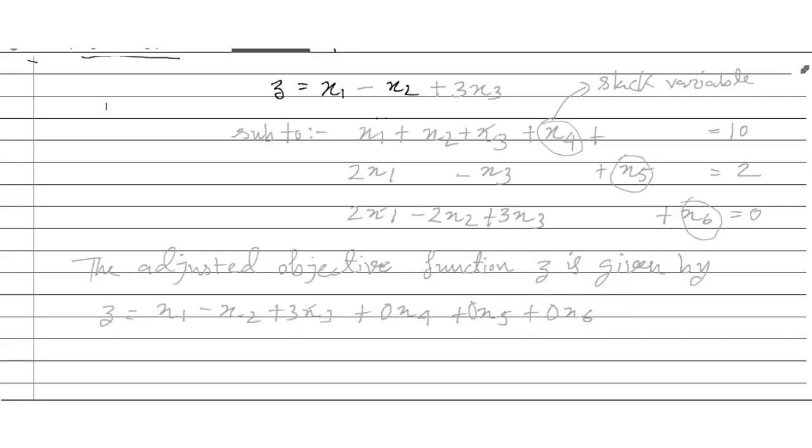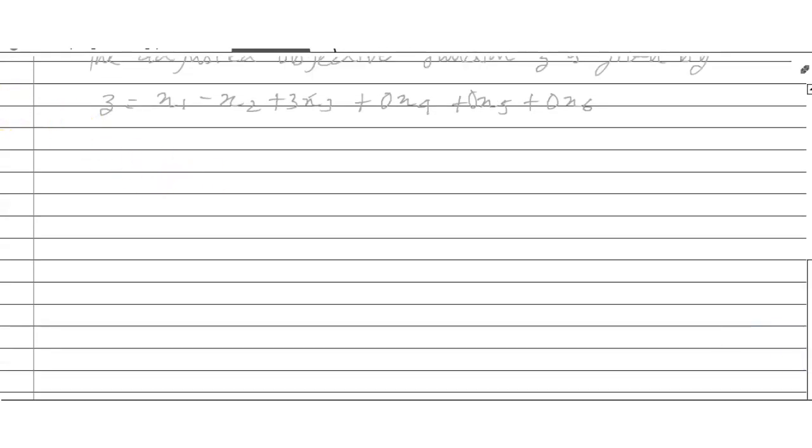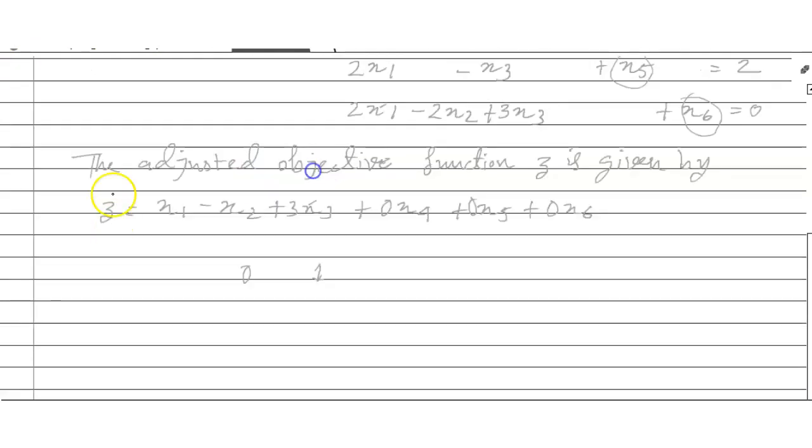So I have to draw a simplex table. Let's start to draw it. Whatever I get, I write here. The coefficients are 1, minus 1, 3, 0, 0, 0, with columns A1 to A6 and the min ratio.